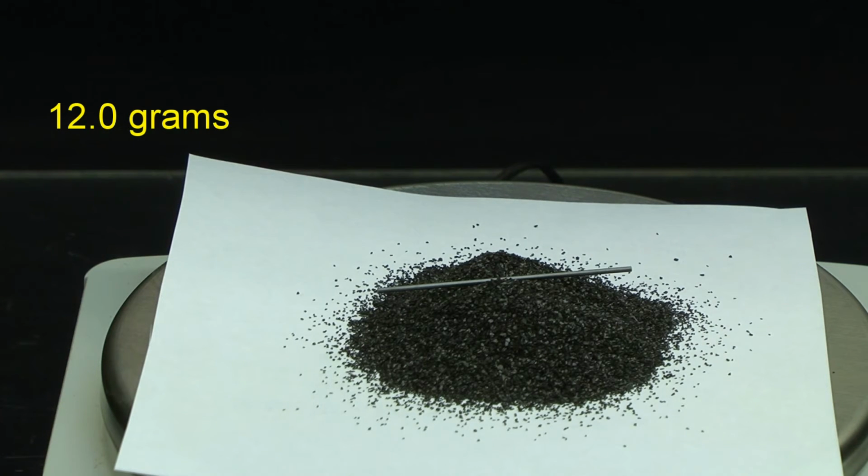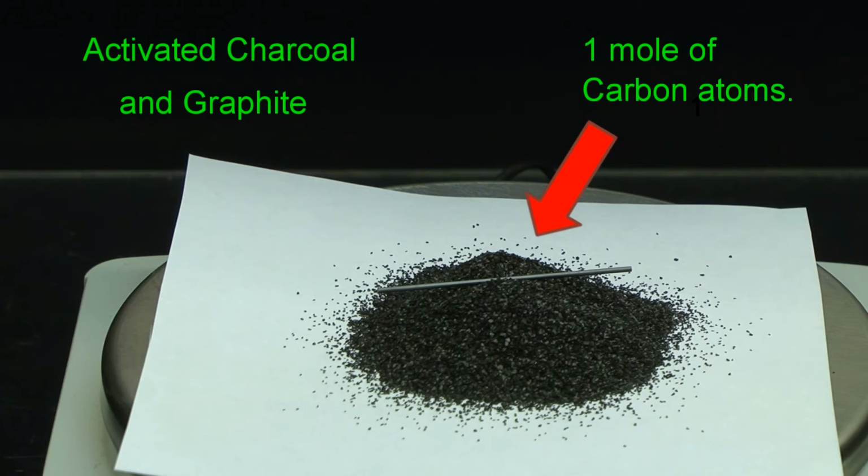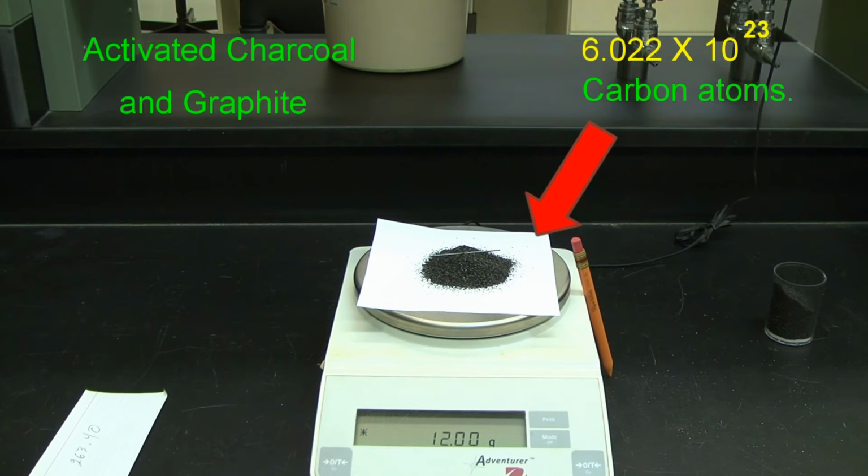What you see on the scale is 12 grams of pure carbon, which is very close to 1 mole of carbon atoms. And if we know that we have 1 mole of carbon atoms, then we also know the actual number of the atoms. It would be 6.022 times 10 to the 23rd atoms.